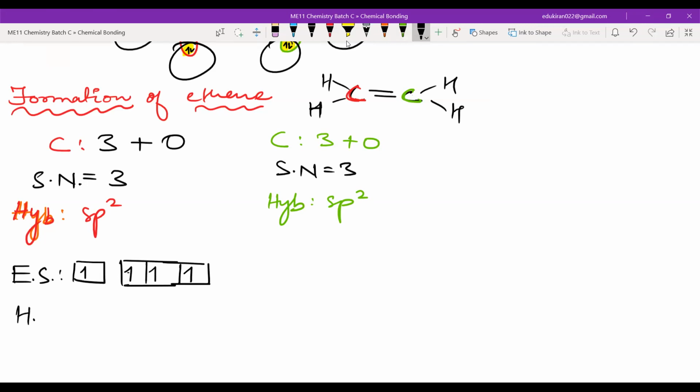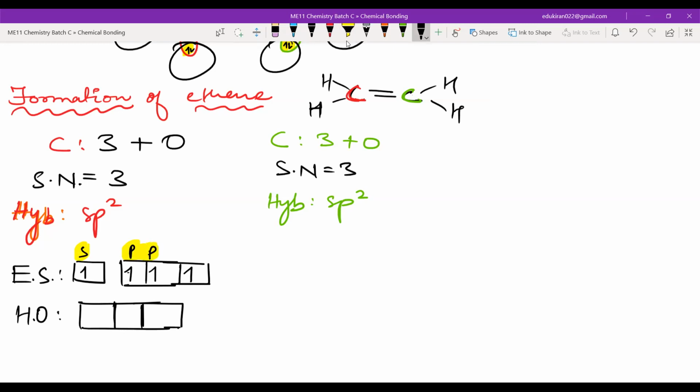How many do we need? Only 2 p's. So this is one s, this is another p, this is another p. So we only need 2 p's, and we'll make 3 hybrid orbitals. These are the atomic orbitals that are taking part in the hybridization.